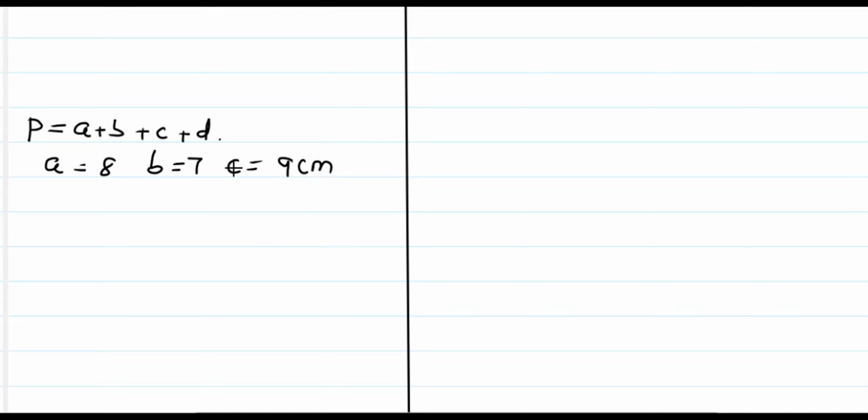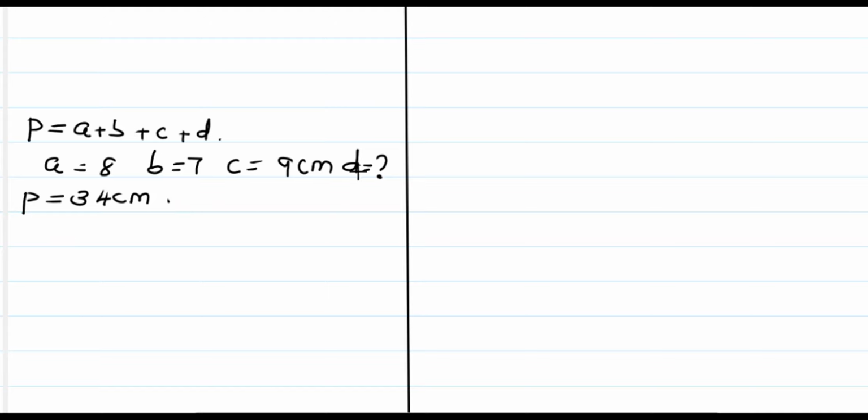And we have D, which we don't know. It's the one we are asked to find. And then we have the total perimeter P given as 34 centimeters. Then from there, we can apply this formula by replacing these values so that we can get the missing value here.